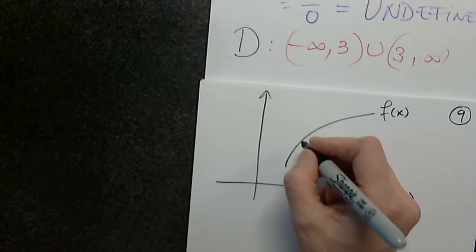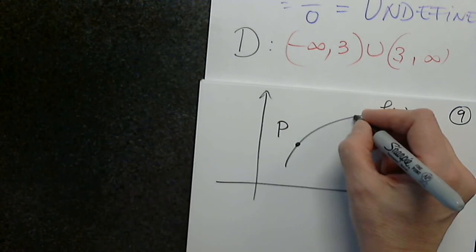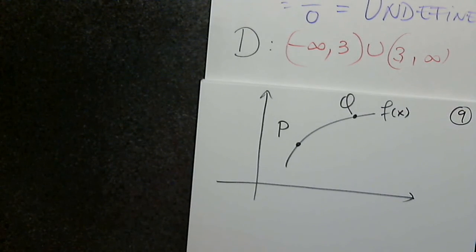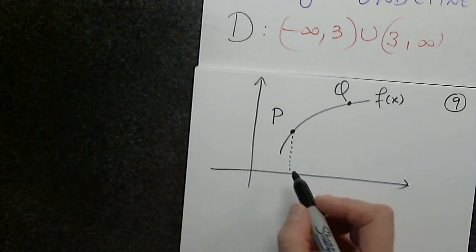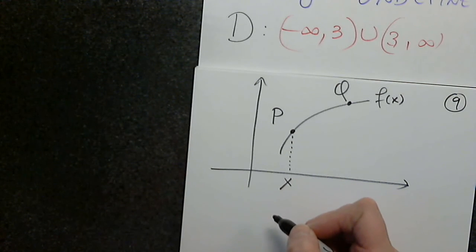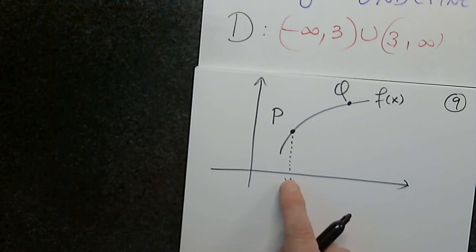I'm going to pick 2 points. I'm going to pick point P. I'm going to pick point Q. And I'm going to say that P has x coordinate called x. You could say it's 5 or 2 or 3, it doesn't matter, but let's call it in general x.